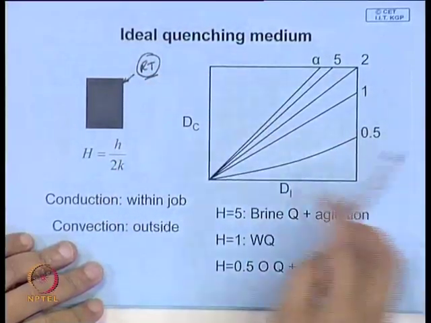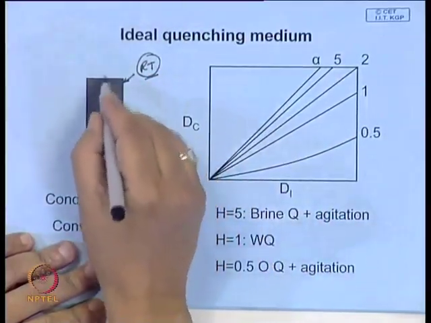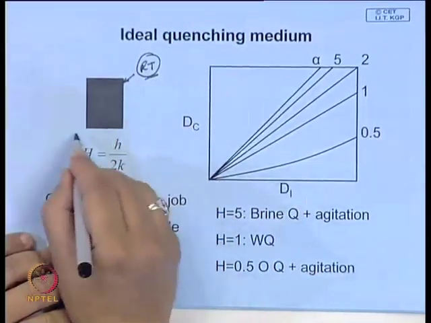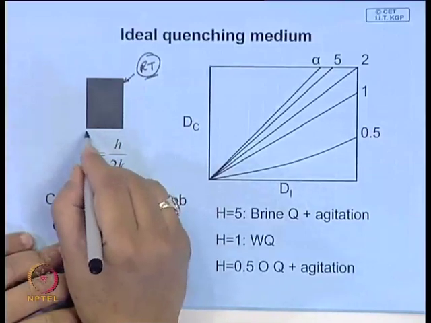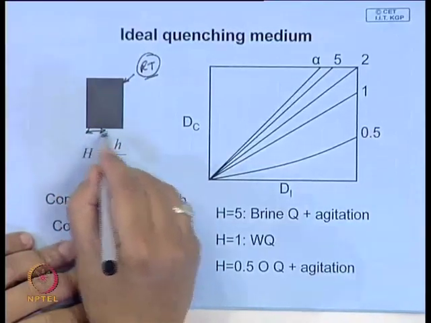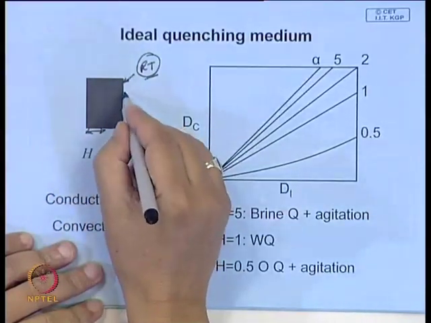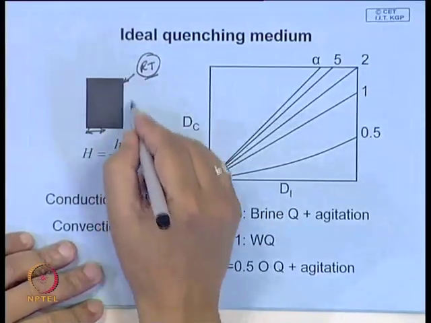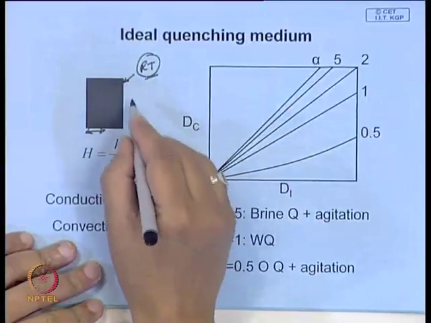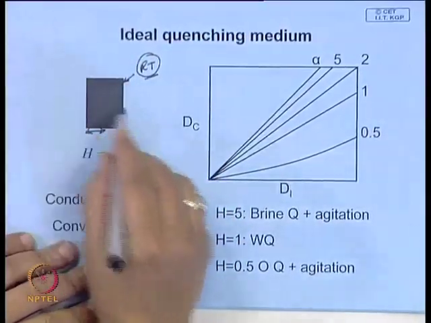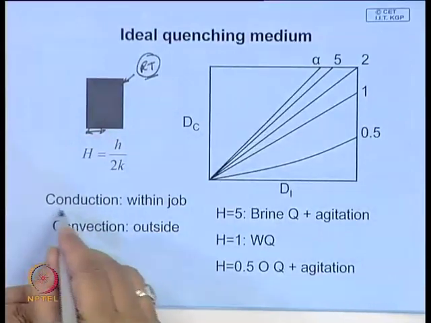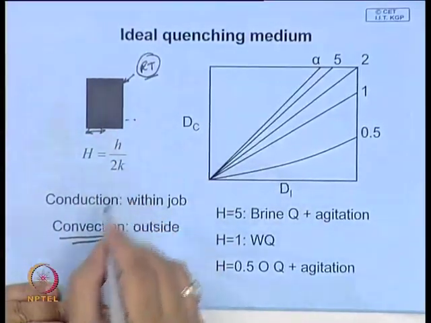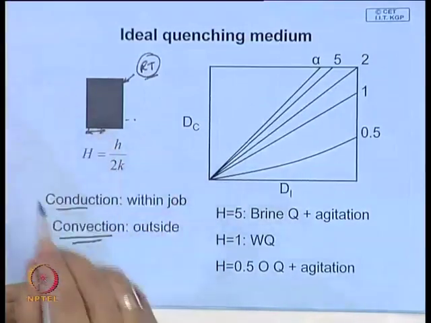In that case, what is happening? Now the heat transfer is totally determined by two things. One is the conductivity, but for this you have to have an infinite convective heat transfer coefficient, because the major mechanism of cooling will be convection at the surface, and conduction within the job.